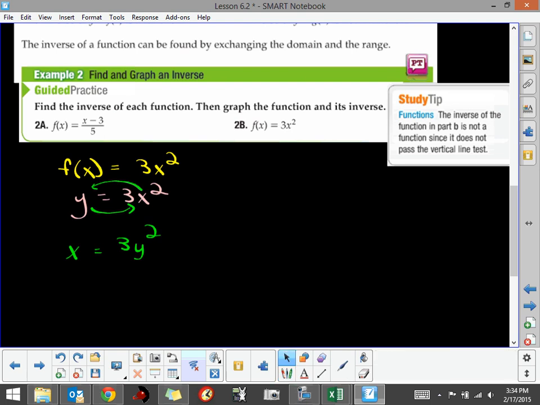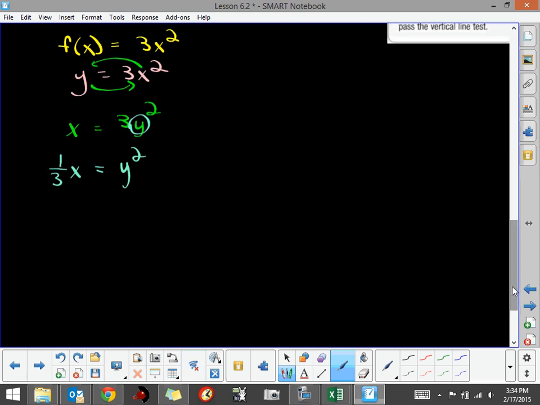Once we've replaced the x's and the y's, we solve this for y. So that's going to make us divide by 3, so it's going to be 1/3 x, or x over 3, equals y squared. We have to undo squaring, and to undo squaring, you have to do the square root. So y equals plus or minus the square root of 1/3 times x.